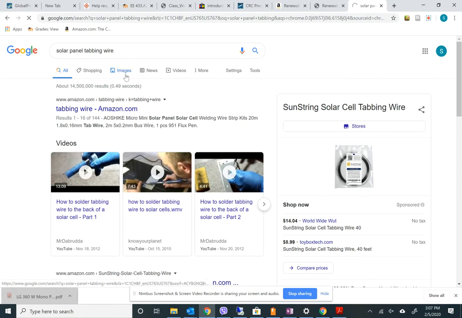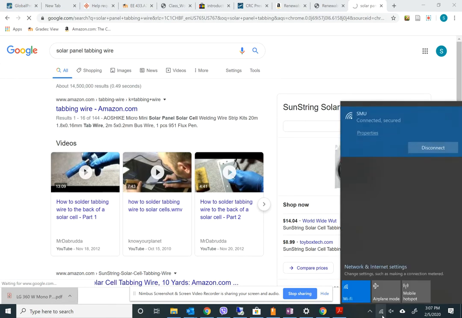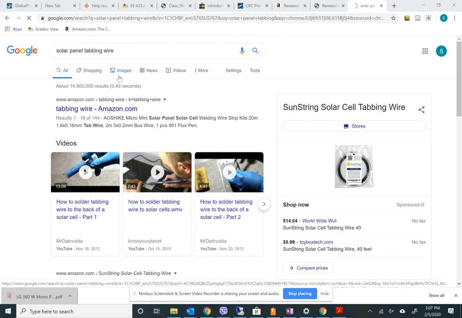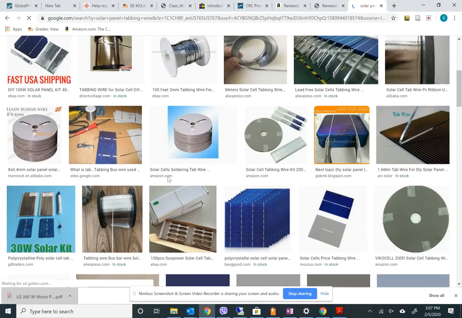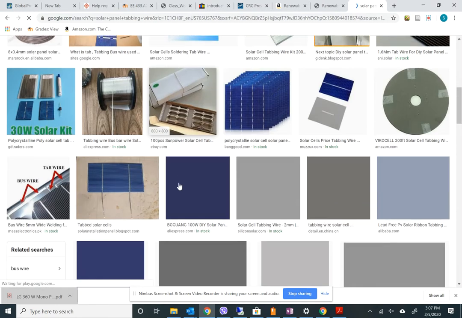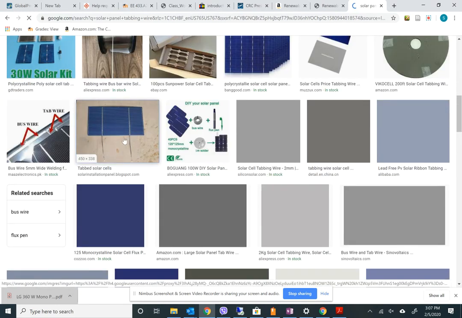This internet is so slow. Okay. All right. So solar panel tabbing. Here is a great example right here.